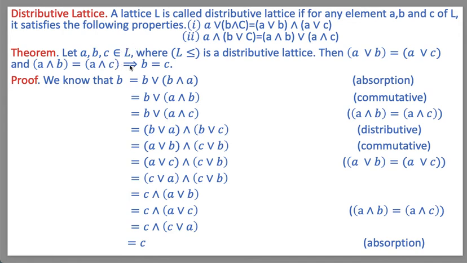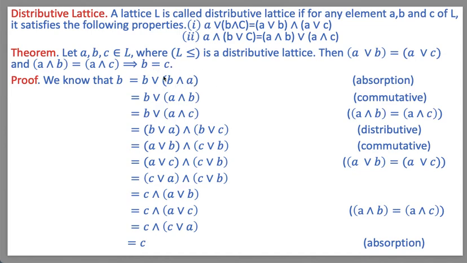Suppose A, B, C belong to L, where L together with the relation less than or equal to is a distributive lattice. Then A join B is equal to A join C, and A meet B equal to A meet C implies B is equal to C. To prove this, we know that B is equal to B join (B meet A).